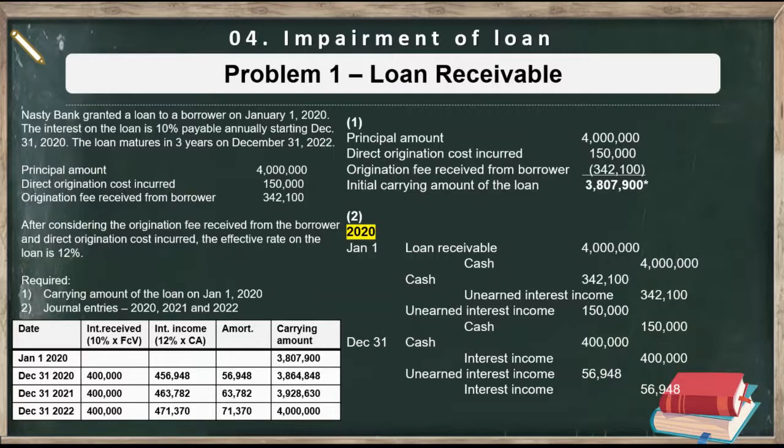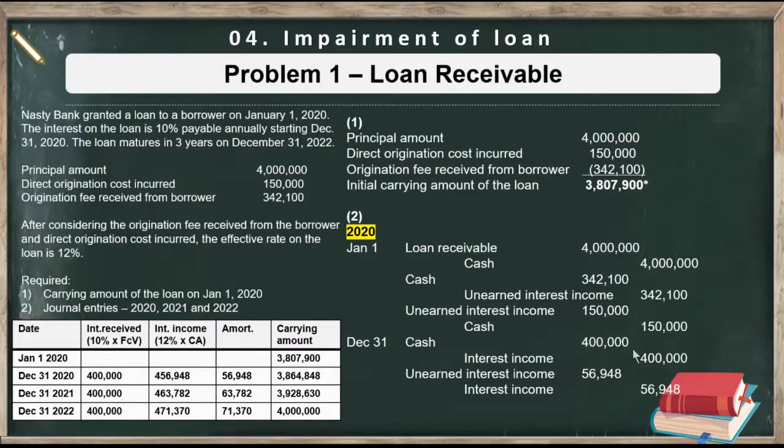So how much is the unearned interest income in 2020? To get the unearned interest income, we can follow the entries. We have a credit here of 342,100, and then a debit of 150,000, so minus.